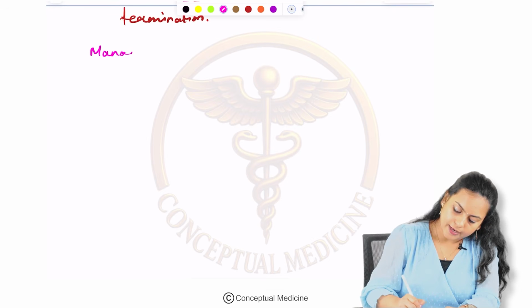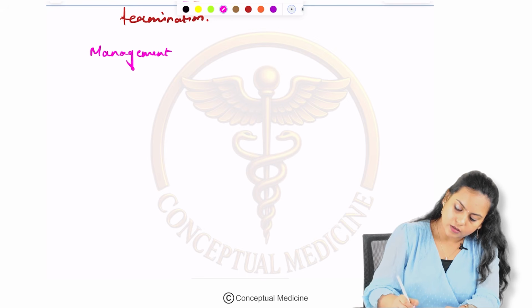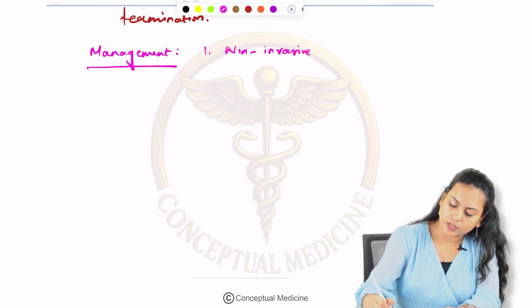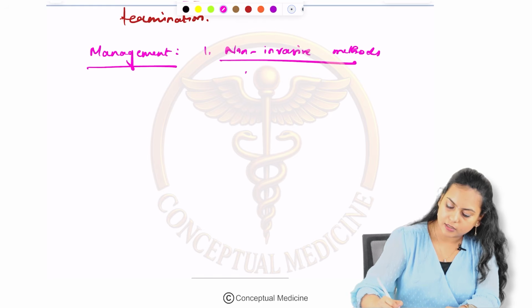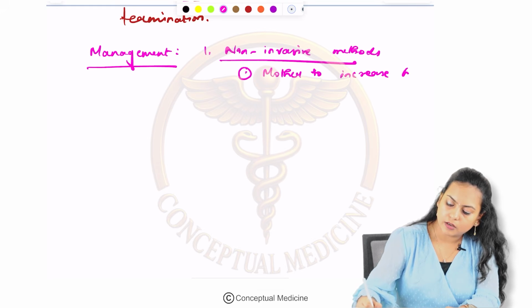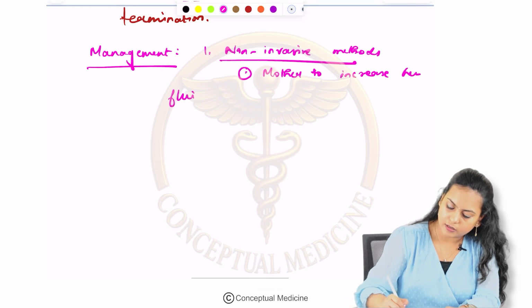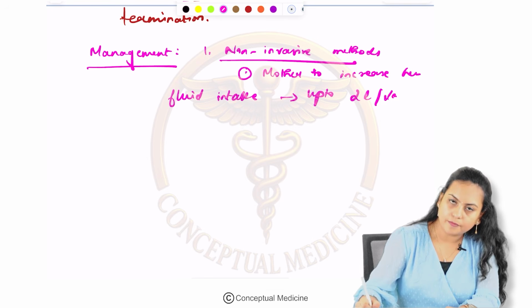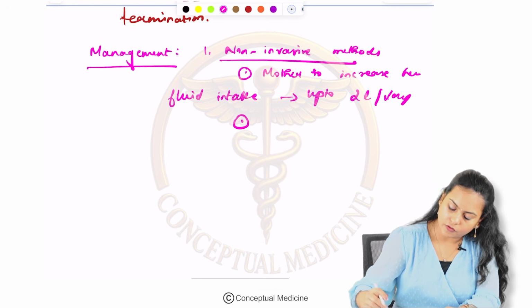So how will you manage oligohydramnios? Number one, we can do a non-invasive method, like we can ask the mother to increase her fluid intake up to 2 liters per day.